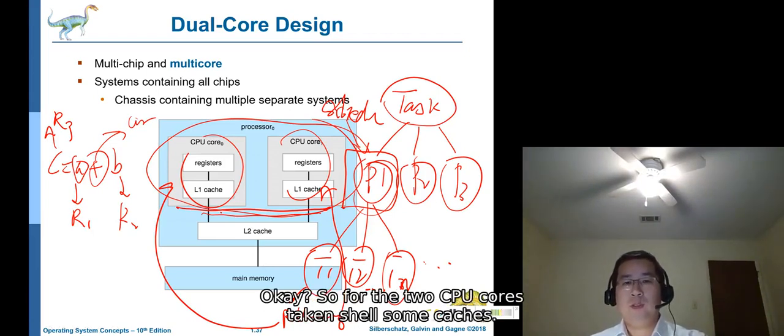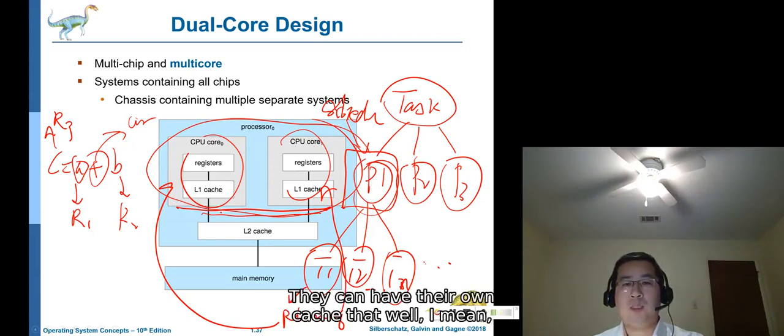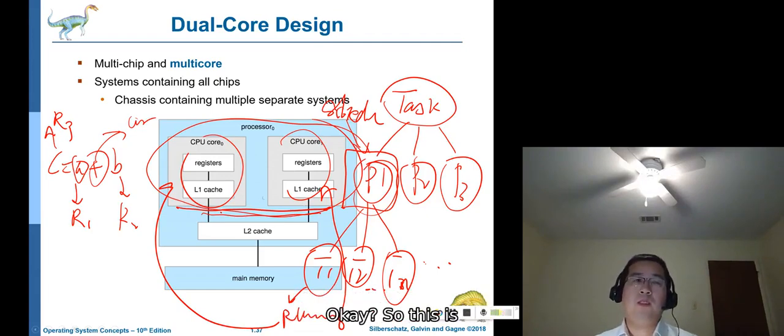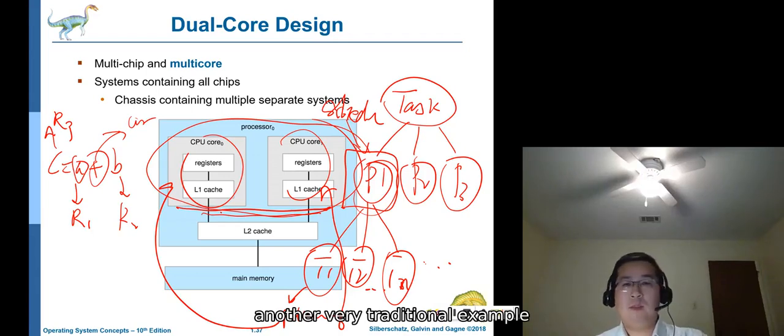So for the two CPU cores, they can share some caches, they can have their own caches as well. That means they can share some hardware, but they also have their own specific hardware, okay? So this is another very traditional example for a multiprocessor system.